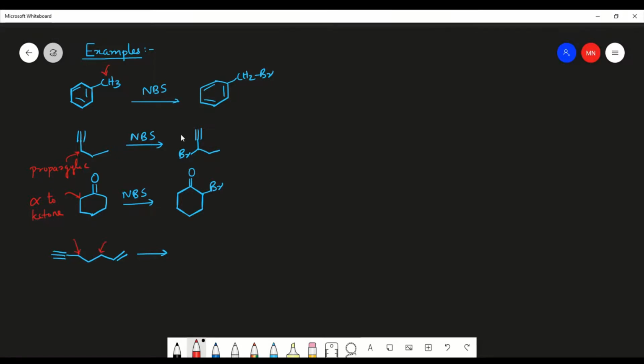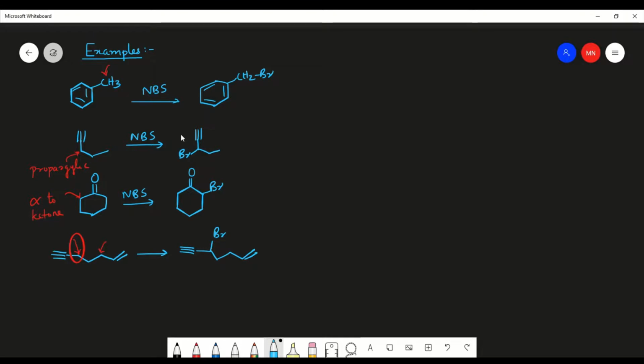So which will be doing? You have to keep in mind that when a triple bond and a double bond are present, the preference will be for the triple bond. So that means this position will be brominated. So the product that you will be getting is the propargylic brominated one. So this will be the product.